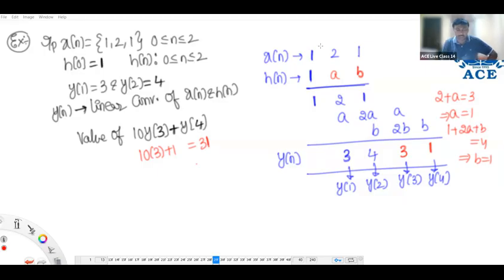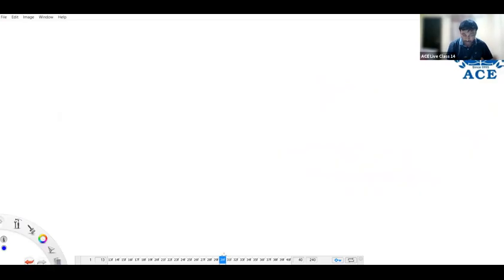It's a good question because it is a combination of both convolution and deconvolution. We are using another form of convolution that is called periodic or circular convolution, sir. That is used only for DFT, the discrete Fourier transform.